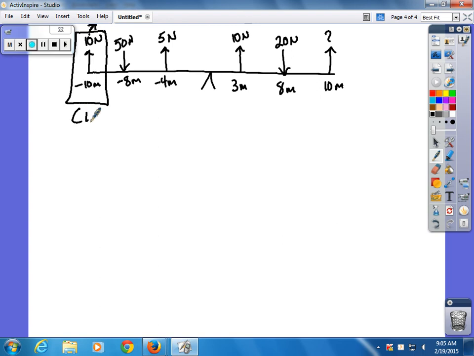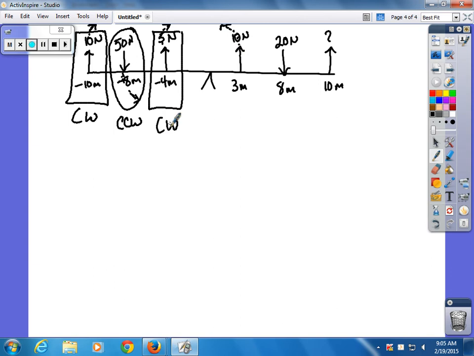That's what? Clockwise. What is this one? So you do a circle there. Clockwise. What is this one? So it's a circle.